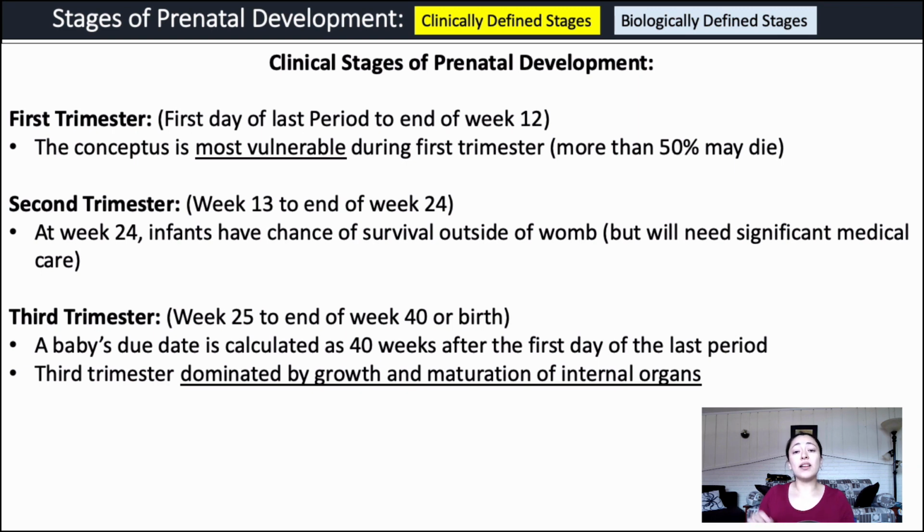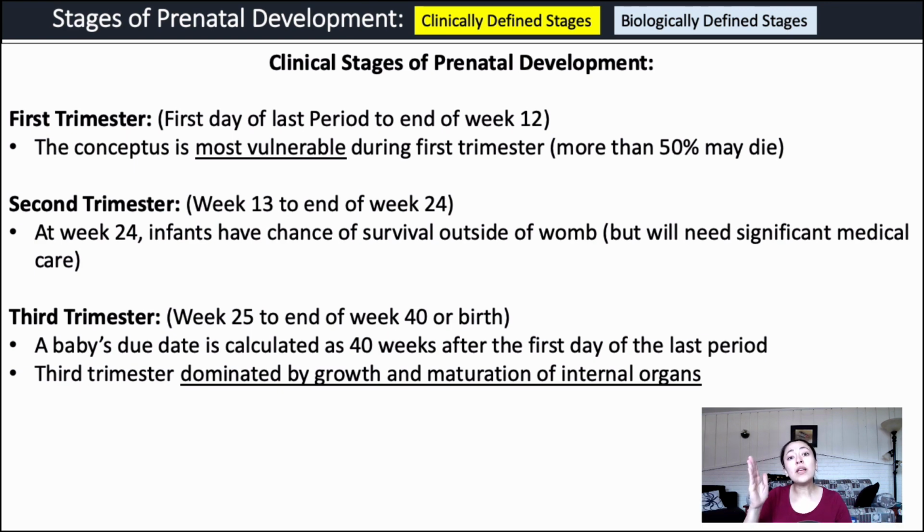A baby's due date is actually calculated as 40 weeks after the woman's first day of her last period. So if you want to calculate your due date when you become pregnant, you have to think about when was the first day of your last period and then go out 40 weeks from then.